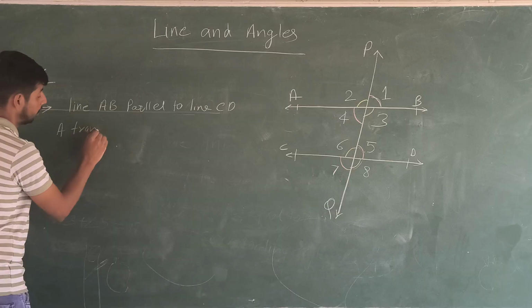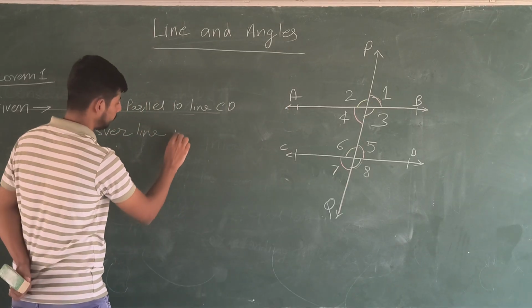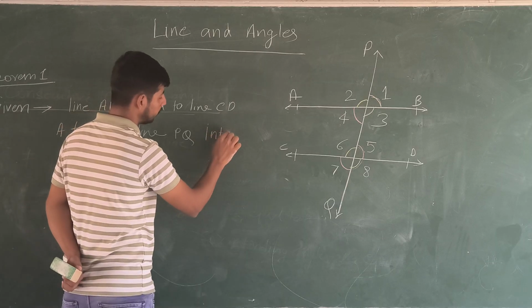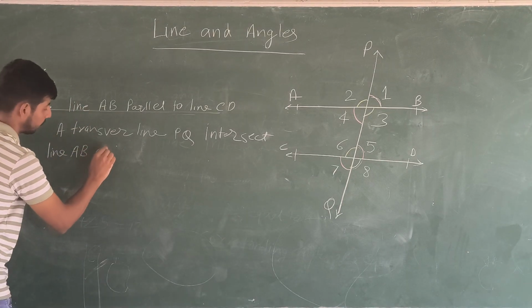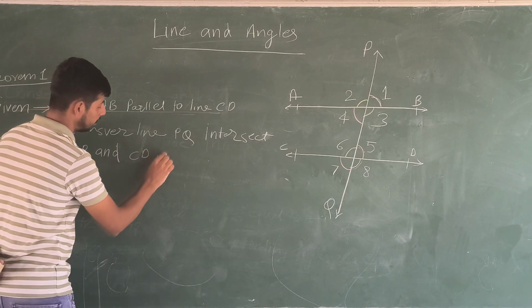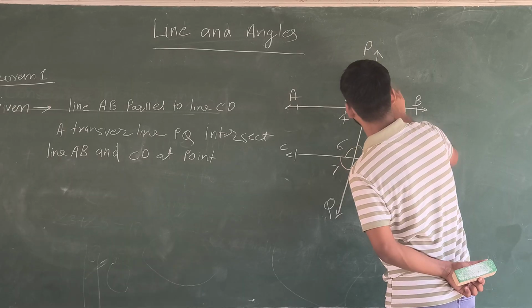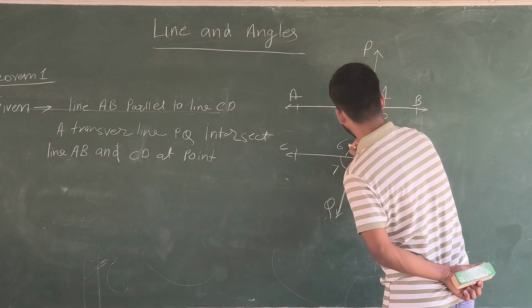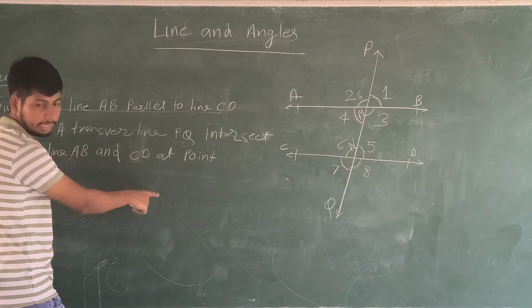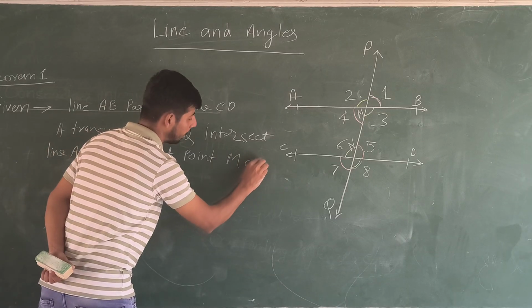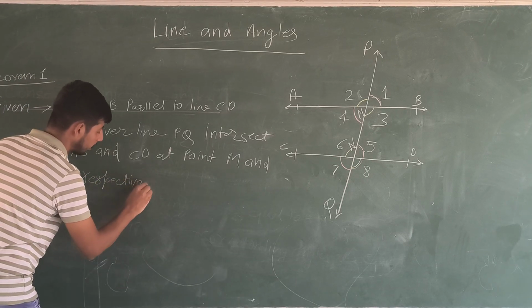A transverse line PQ intersects line AB and CD at points. Let's take this point as M and this as N. So line PQ intersects line AB and CD at points M and N respectively.